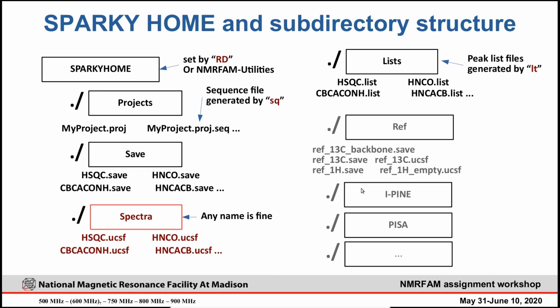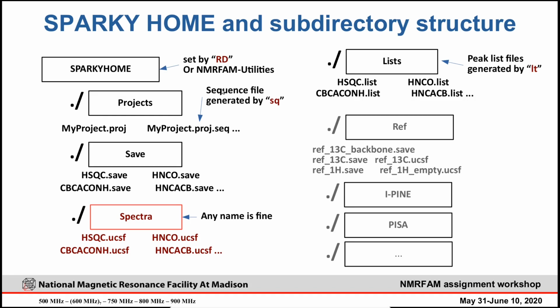So automatically you will get the project, save, spectra, and lists directories. And then project files will have the file extension proj. You can name it differently, but I highly recommend using these file extensions so as not to be confused.